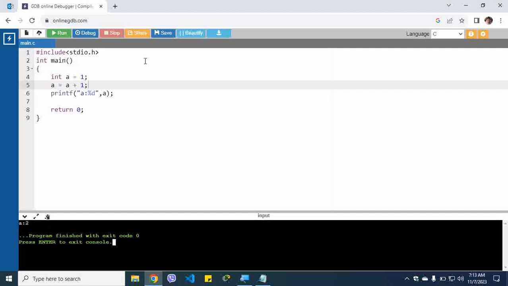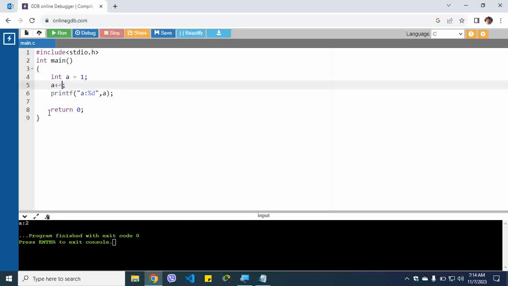Isn't it 2? But instead of doing this, what we can do is A plus equals to 1. So it becomes also 2, isn't it?